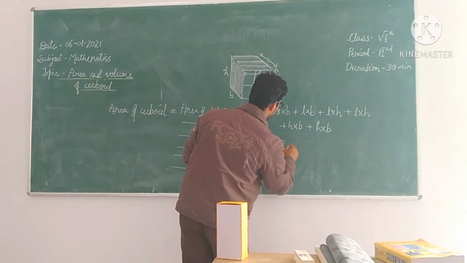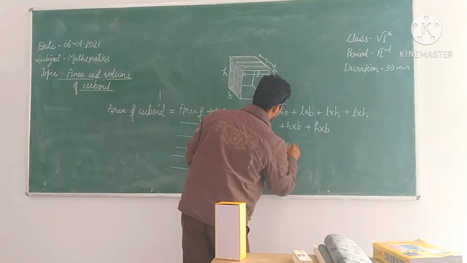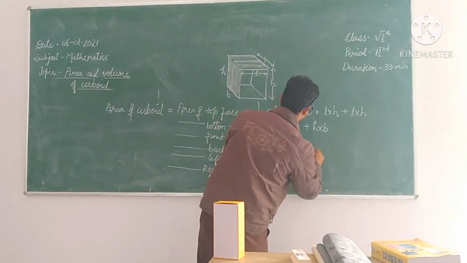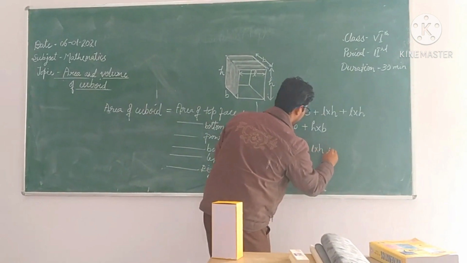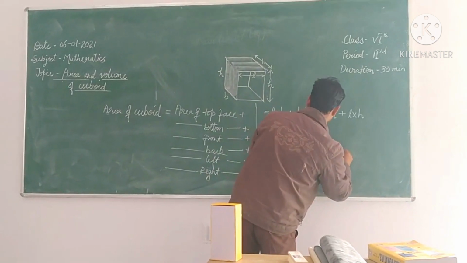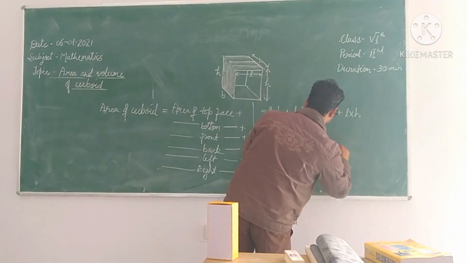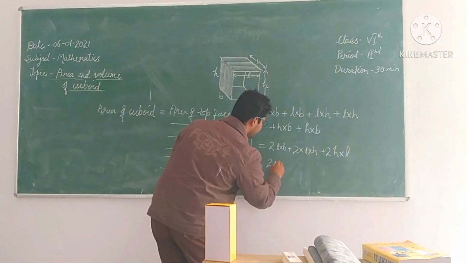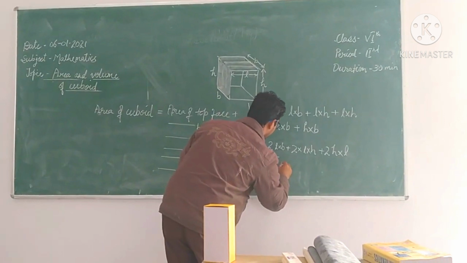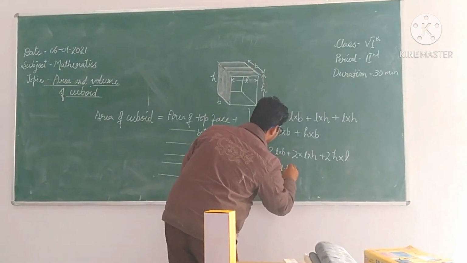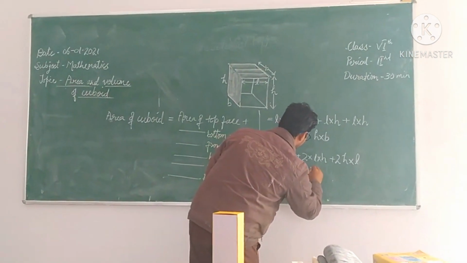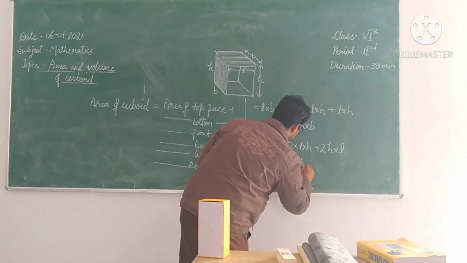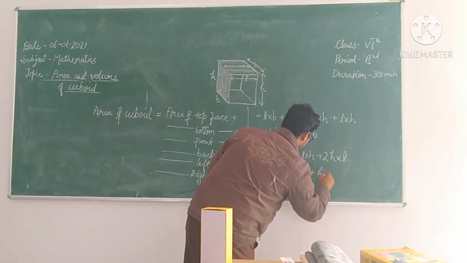So we see 2 length into breadth plus 2 length into height plus 2 height into length. So 2 will be common and we will simplify: length into breadth plus breadth into height plus height into length.